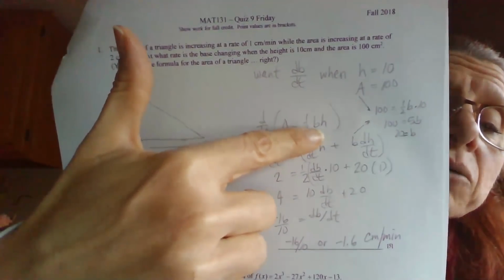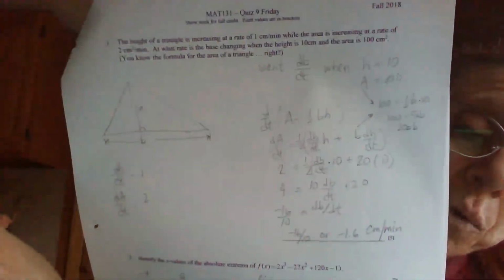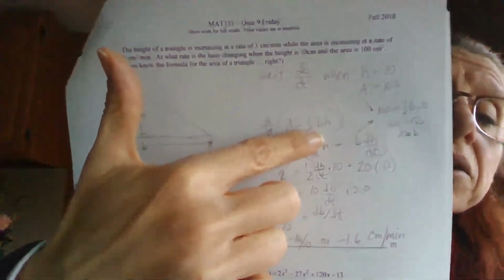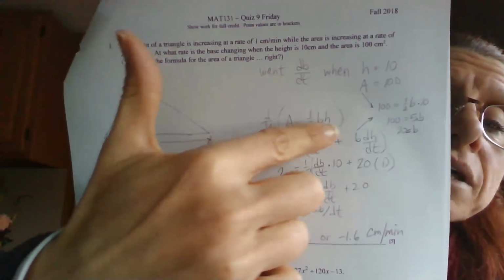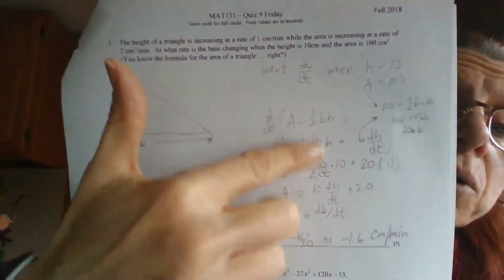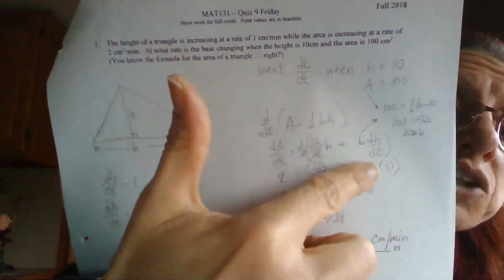With this one, it's a little more challenging because before we just had s squared, which was pretty easy to take the derivative of. Here you had to use product rule. So I have dB/dt, which is what we're ultimately looking for, times h, plus b times dH/dt.